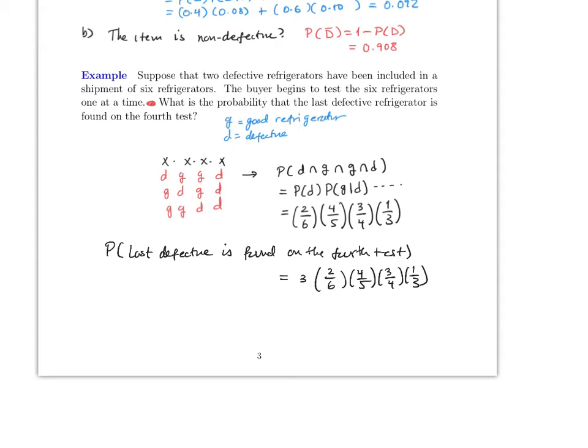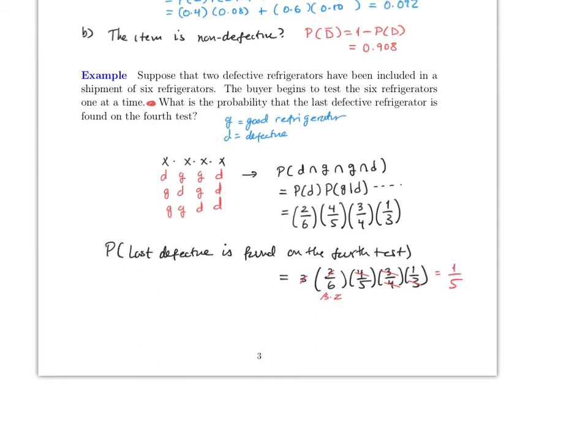And here notice you can cancel this, and this is 3 times 2, so this will cancel that, this will cancel that, so this will be 1/5.